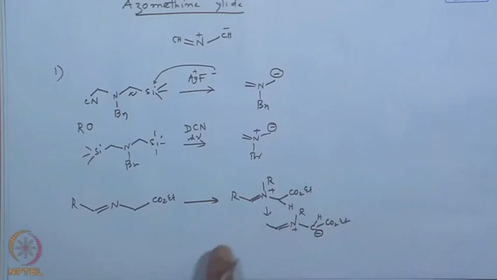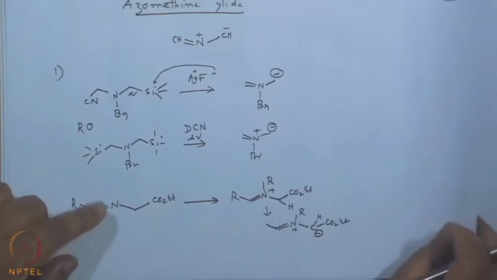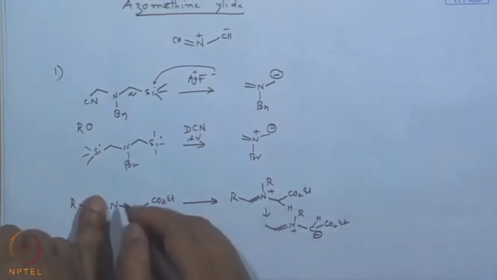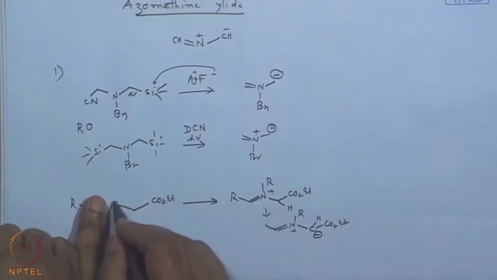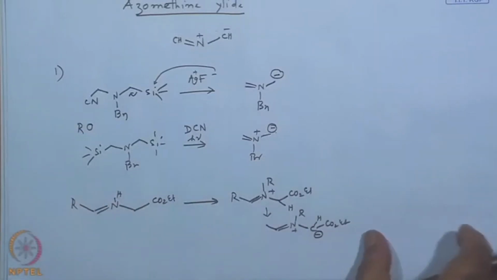Imine formation, all of you know, is very simple from carbonyl compounds and an amine. So, this part looks like an amino acid and the other part is the aldehyde.